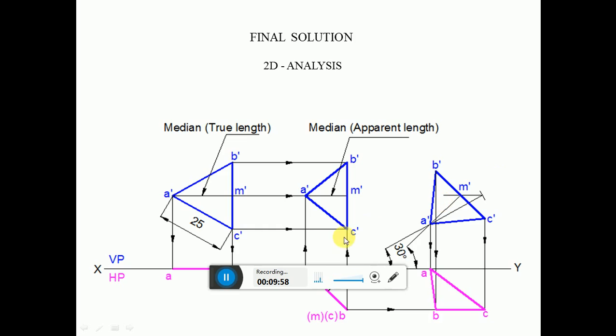Since the median inclinations are given as true inclinations, you need to find the apparent inclination. On that you draw the front view and top view. This is how we analyze this problem.